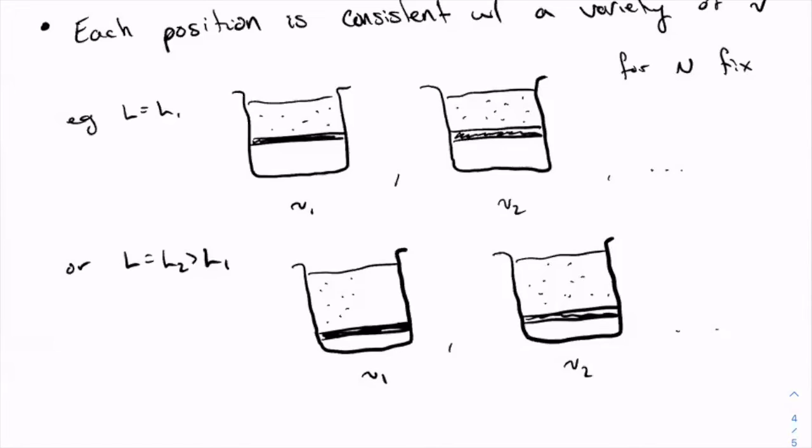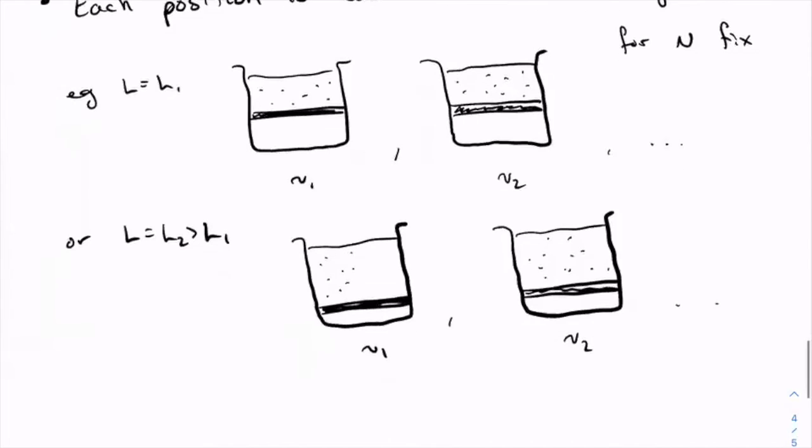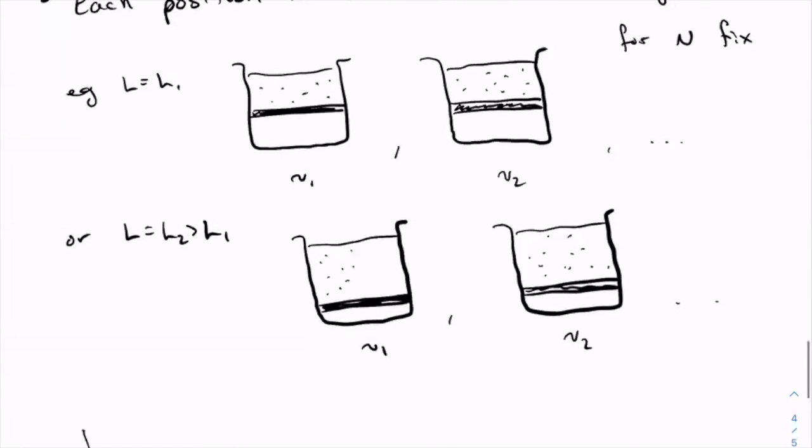So for all intents and purposes, we can imagine that the energy is being held constant. The probability that we find that plug at a given L should then just be proportional to the number of ways that I could have, the number of microstates that I can have consistent with that given L.